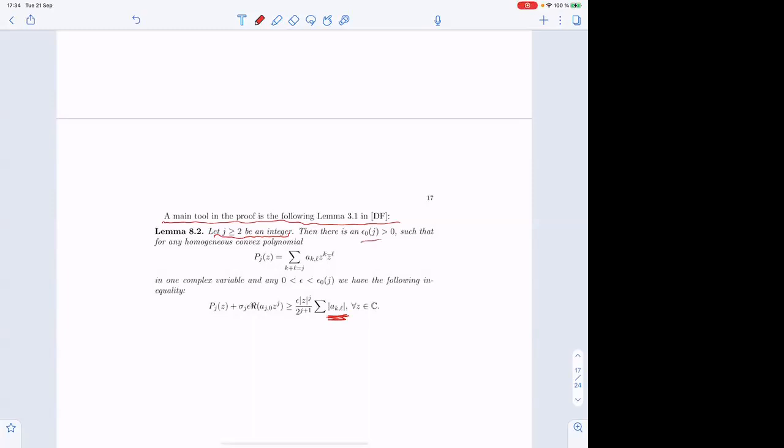Then you have an epsilon j such that for any homogeneous convex polynomial, the coefficients can be any sign or complex or whatever. But if epsilon is small enough, then if you add this term, which is basically only coming from the lowest order term, the harmonic term, where there's no bar.